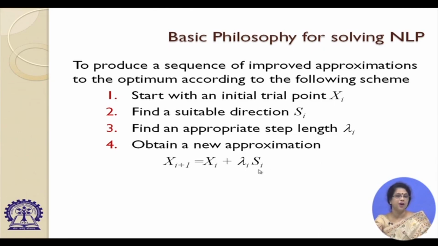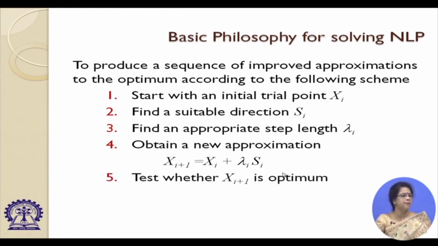All right. If I am moving to the left, the direction will be negative. If I am moving to the right, the direction will be positive. Now lambda is the step length, sorry. Then I will get the next point. xi will move to xi plus 1. I will do the same process. xi plus 1 will move to xi plus 2.